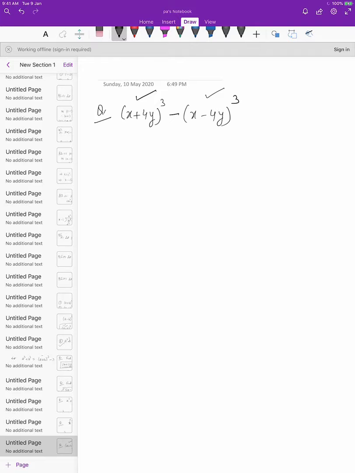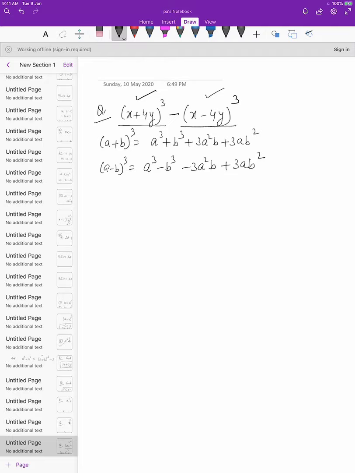Should I write down the identities here first? a plus b whole cube is equal to a cube plus b cube plus 3a square b plus 3ab square. And a minus b whole cube is equal to a cube minus b cube minus 3a square b plus 3ab square. So using these two identities, in the first term I will be using the identity a plus b whole cube. In the second term I will be using the identity a minus b whole cube.